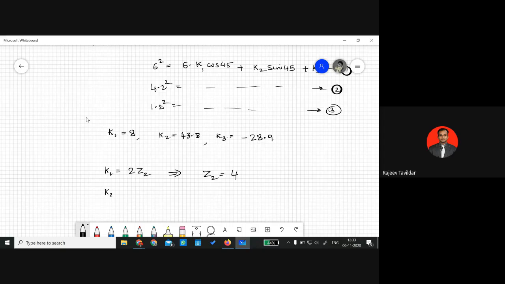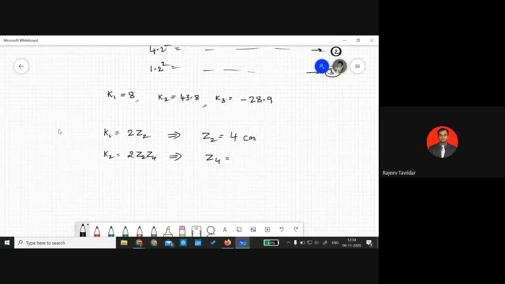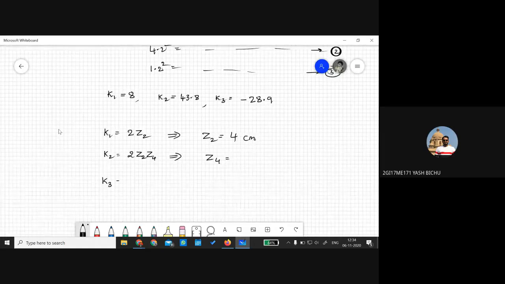Then we have K2 equal to 2 times Z2, Z4. So if we solve this, you know Z2, you know K2, you should be able to get Z4. How much you are getting Z4? 5.47.